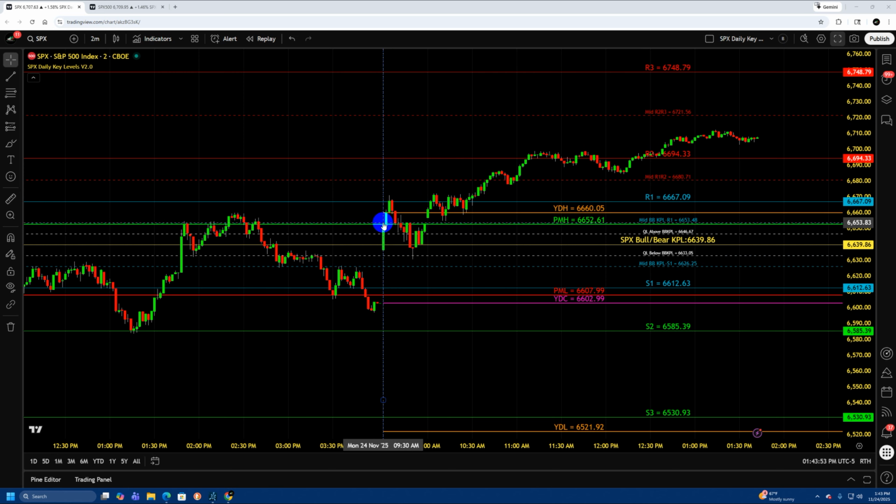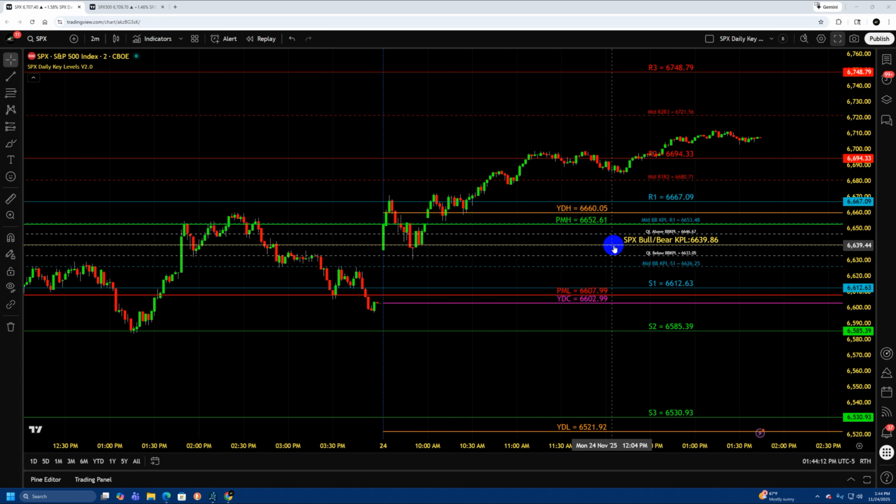There are always going to be 3 different option strikes that you can use with this indicator on any particular bullish or bearish trade. So now I'll go through the steps of showing you what those would be in the case of this particular session and this particular bullish entry signal off the 9:30 a.m. candle. Today's bull bear key price level is 66.3986.